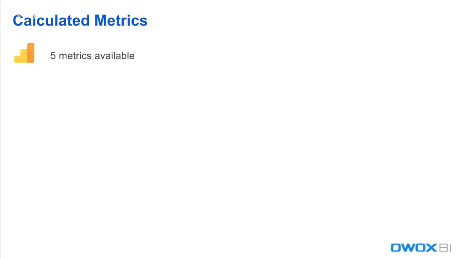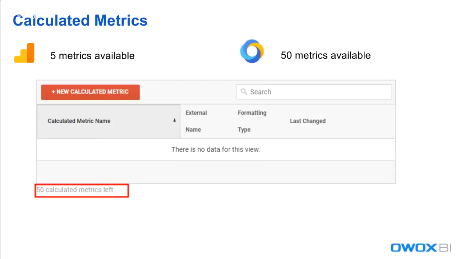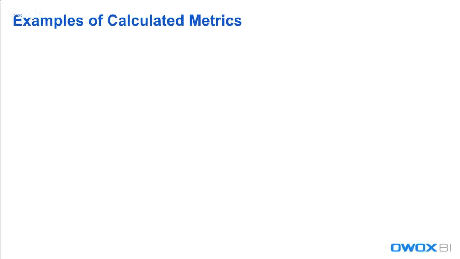There are only 5 available in standard Google Analytics, and 50 of them are available in GA360. So what calculated metrics can you create? I suggest some of them. If you know more, please write them in the chat. Perhaps you have some unique ones, and those who are watching us will be thankful for that.